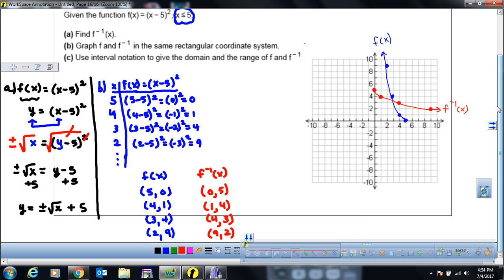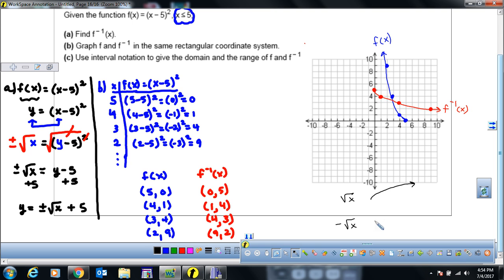Now, how can we determine that it's going to be the negative but not the positive? Just remember this: whenever I have the square root of x, it is the shape of a regular eyebrow. What does the negative in the front do? It makes the function reflect over the x-axis, as you remember from the transformations.